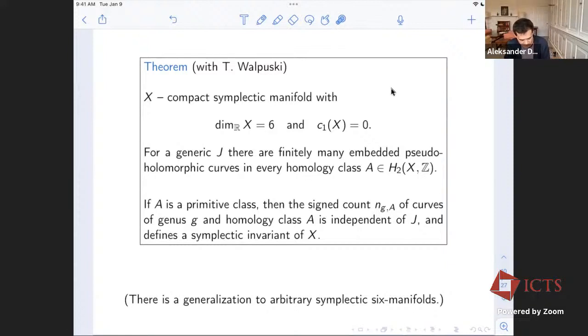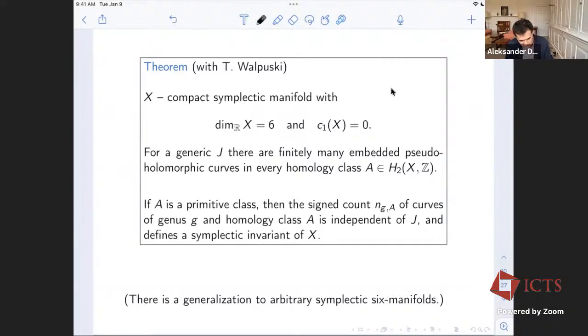And then this theorem says that for a generic almost complex structure J, which is compatible with the symplectic form, there are finitely many embedded pseudo-holomorphic curves in every homology class A. Moreover, if this homology class A happens to be primitive, then the signed count of these curves of this homology class is genus G is independent of J and is a symplectic invariant.